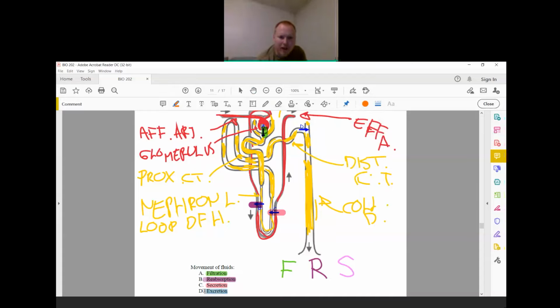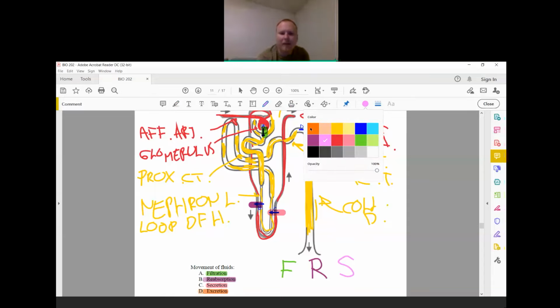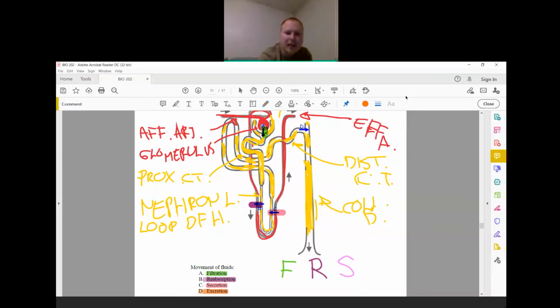And the final step is going to be the process of excretion, and excretion is what happens as the end product, the final urine, final pee that leaves the nephron and goes into the collecting duct here.